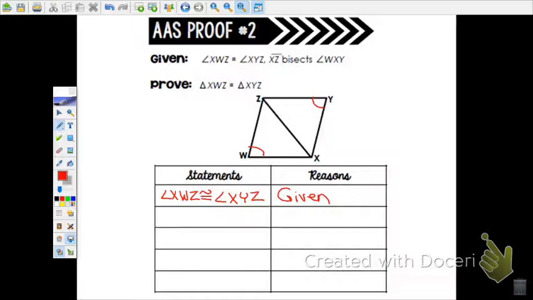My second given is that segment XZ bisects angle WXY.